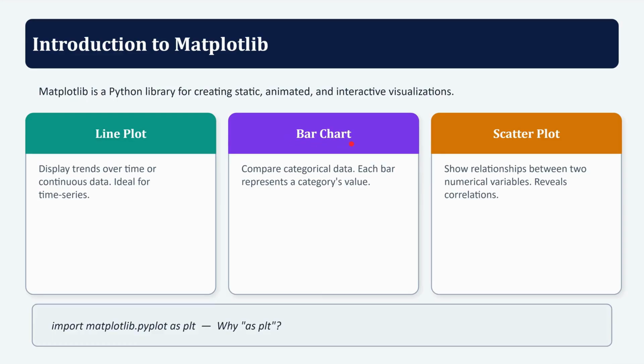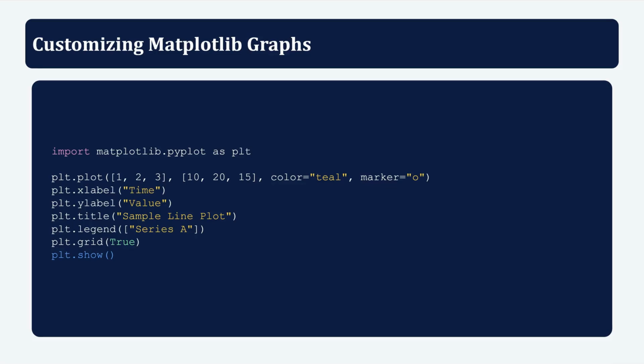We have a bar chart or a scatter plot. All of these have their own use cases for visualization purposes. This is how you can customize the graphs. You can set an X label, Y label, a title, and a legend. You can enable or disable the grid, and then at the end you just do matplotlib.show.